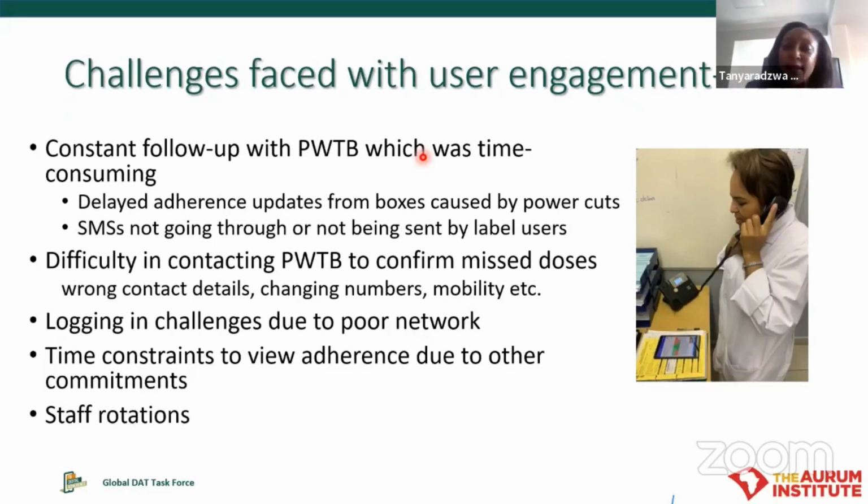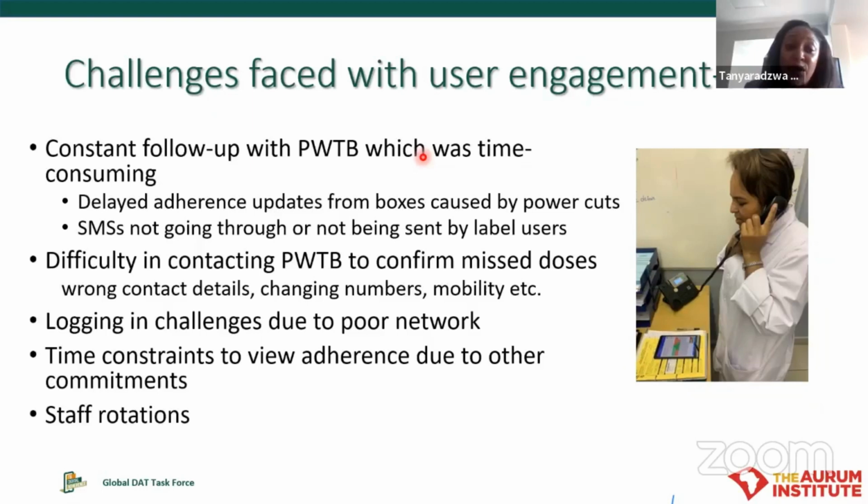But in circumstances where they had wrong contact details, or participants were changing numbers or constantly moving, it was difficult for healthcare workers to follow up telephonically or through home visits.